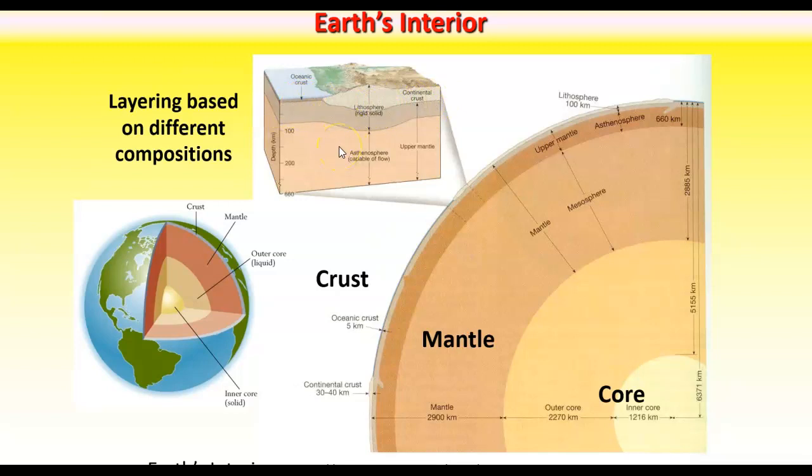Now, when we look a little closer and we're focusing on the surface here, or near surface anyway, we also want to define the Earth in what we're going to kind of call the behavior of the rocks. And so that idea is that the crust here and the top part of the mantle are going to behave in a similar fashion. They're both going to be brittle.